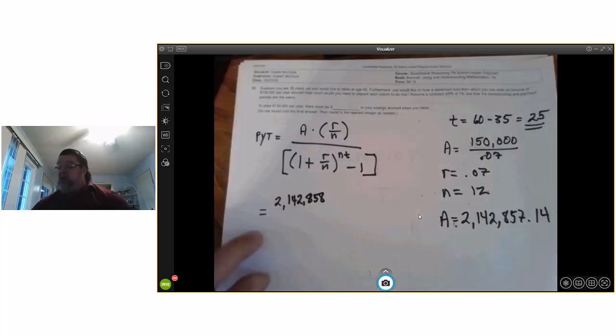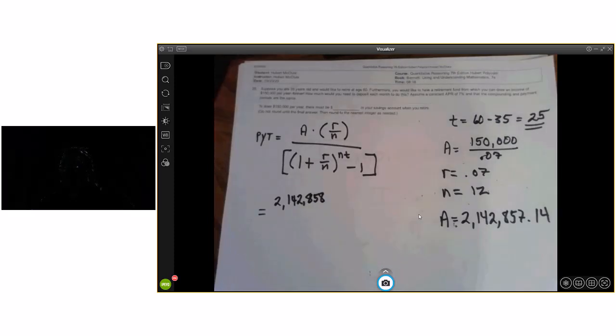Now, some people will round it up and make it 2,150,000. Somebody might say 2,200,000. Some people may say 2,142,900. That depends on the person.